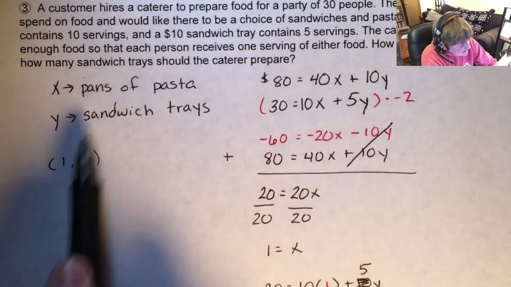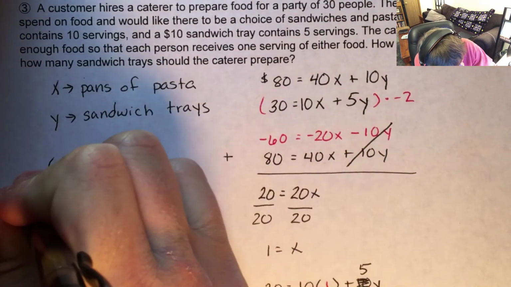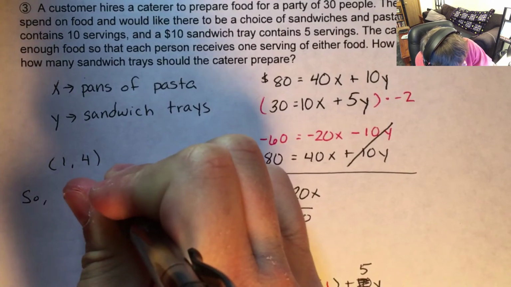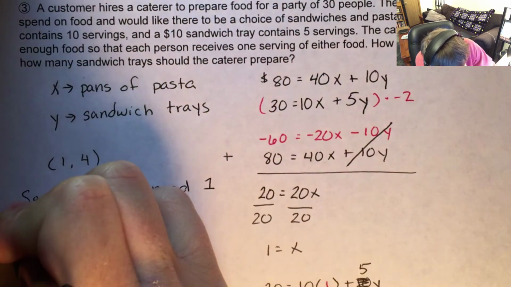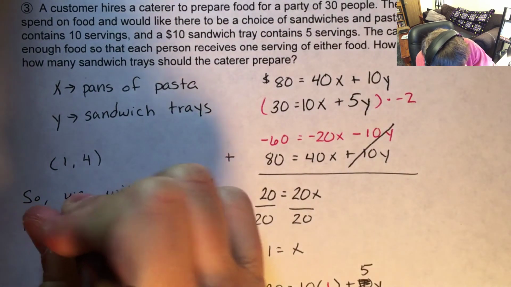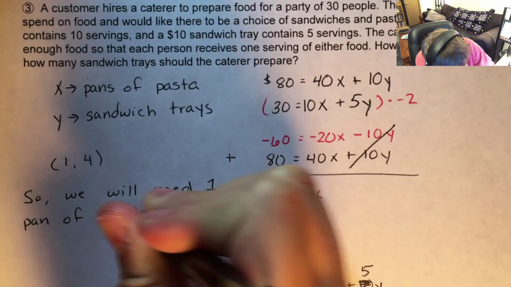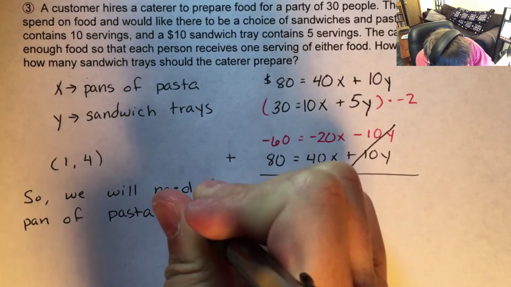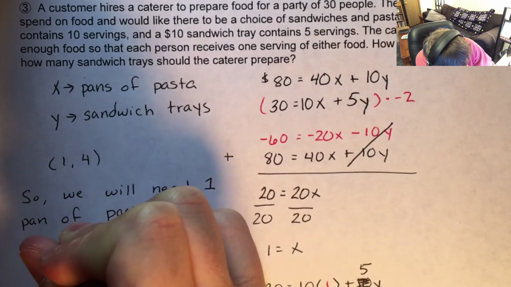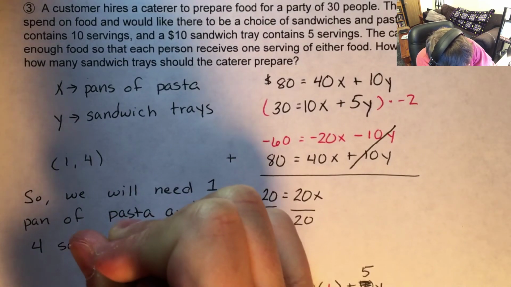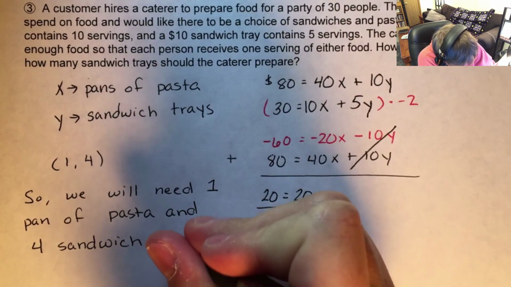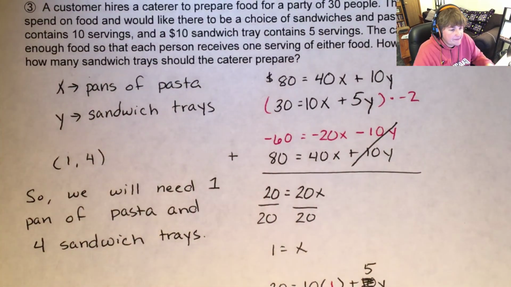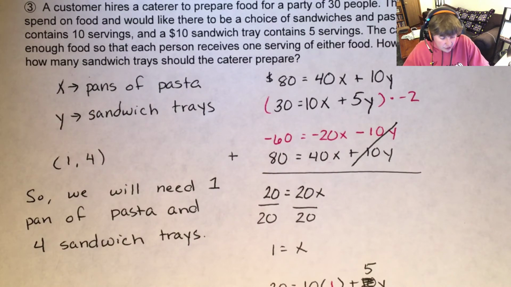Well, we said x is pans of pasta, so we will need 1 pan of pasta and 4 sandwich trays. Just a real quick, easy sentence explaining what your answer means, and that is going to be considered good enough.